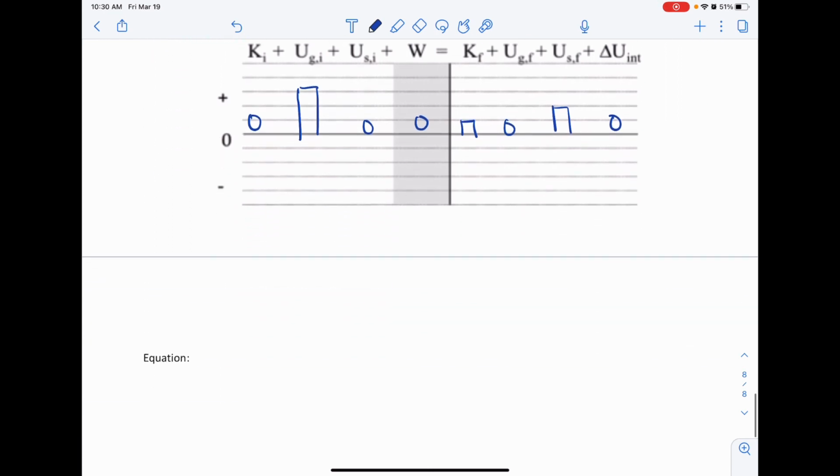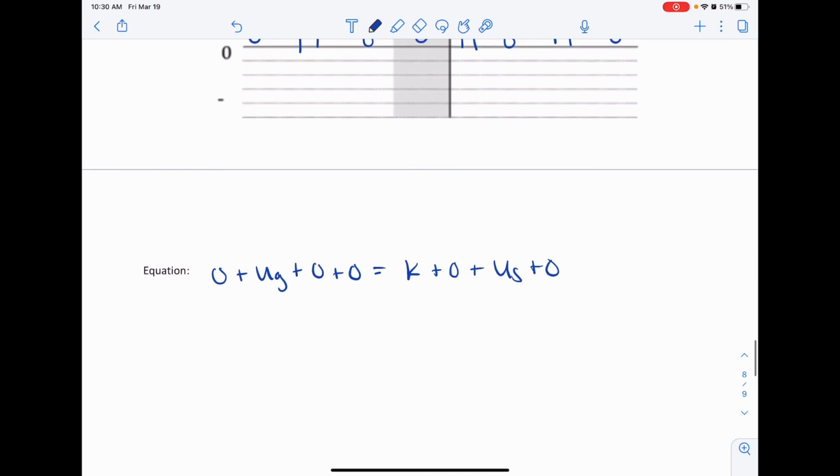Now let's make an equation based on that. We have 0 plus UG plus 0 plus 0 equals kinetic plus 0 plus US plus 0. And we can simplify this to UG equals kinetic plus US.